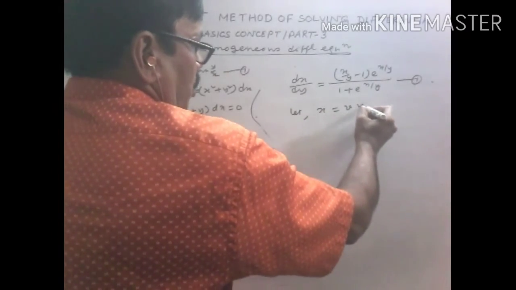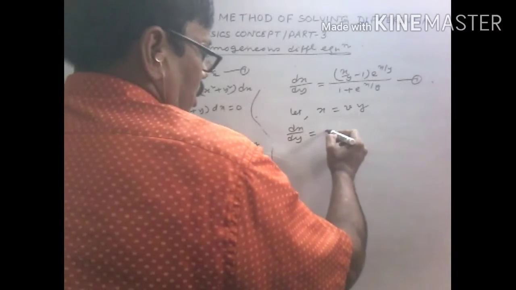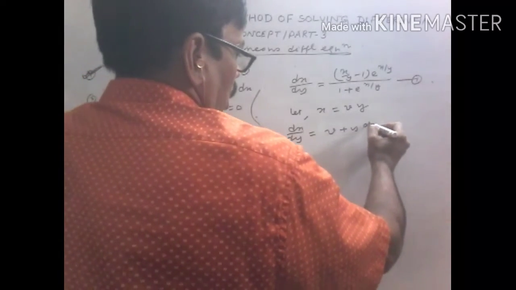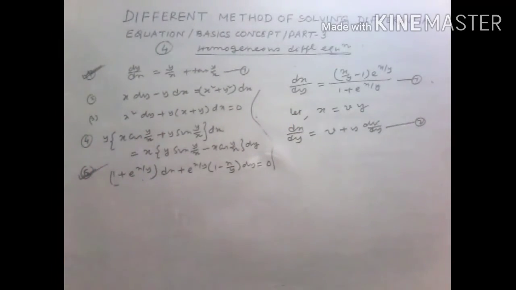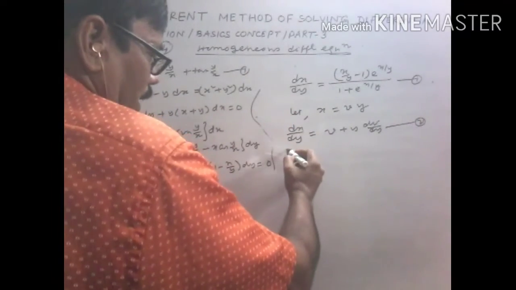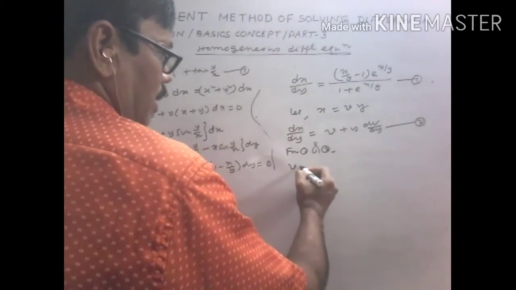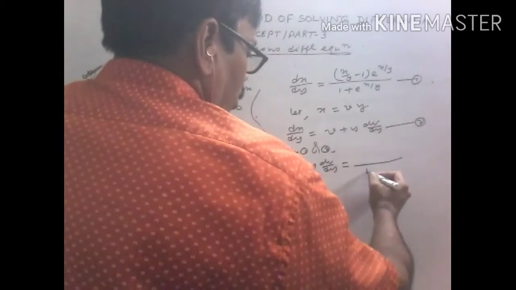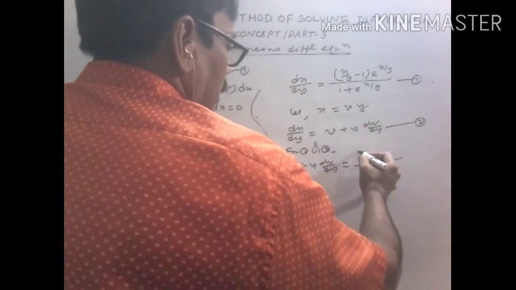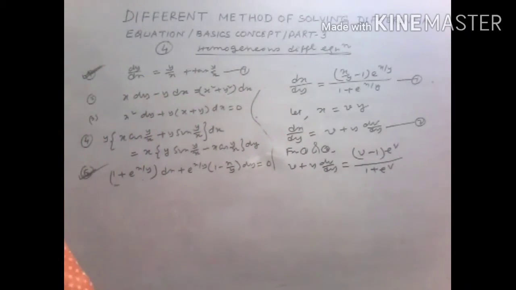So let x equals vy. Then differentiate with respect to y: v plus y dv/dy, call it equation 2. So from 1 and 2, what we are getting: v plus y dv/dy equals (1 + e^v)... (v − 1)·e^v.